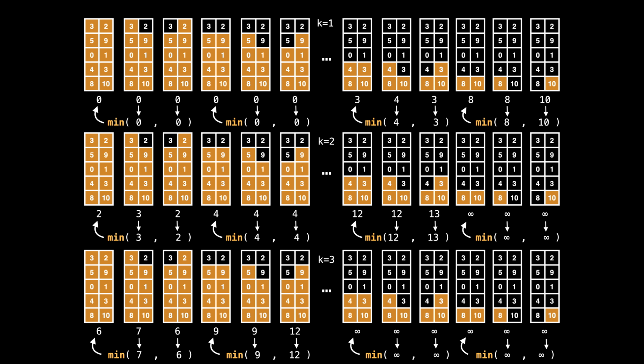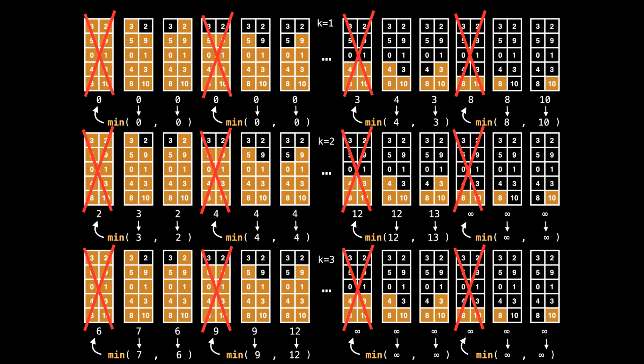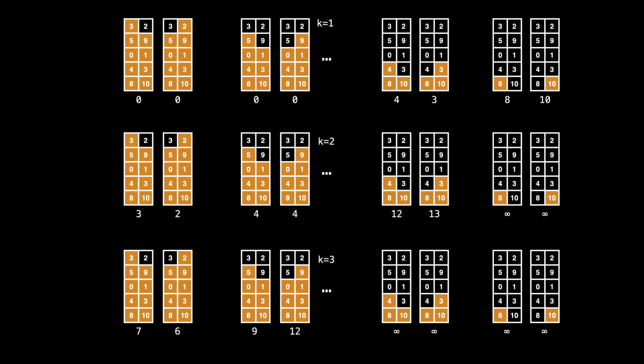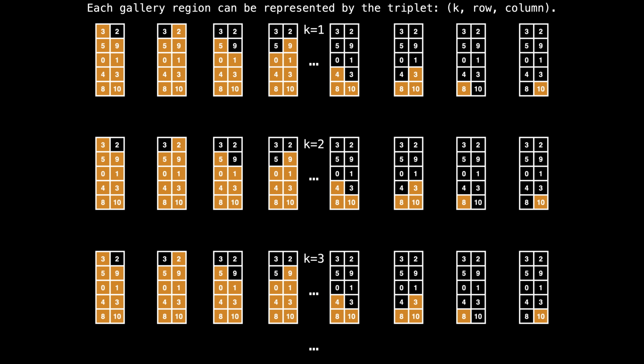Returning back to our gallery of galleries right here, you can see that the value of the full row state is actually just the minimum of the left and the right column states as illustrated. So rather than continuing to track the full row state, I'm simply going to remove it from the picture. And these are the gallery states we need to work with.